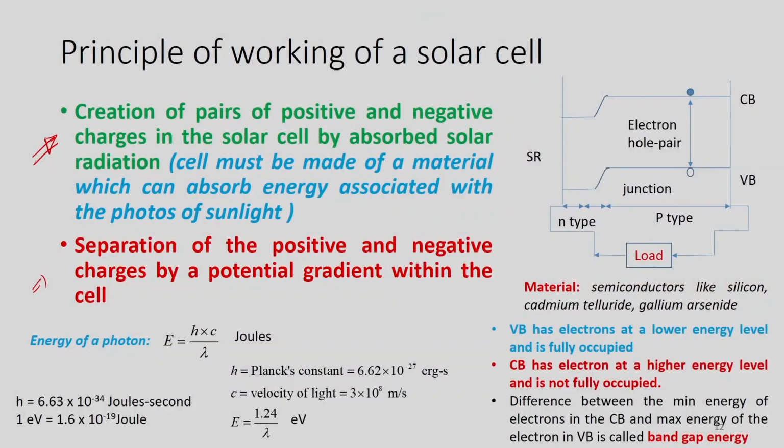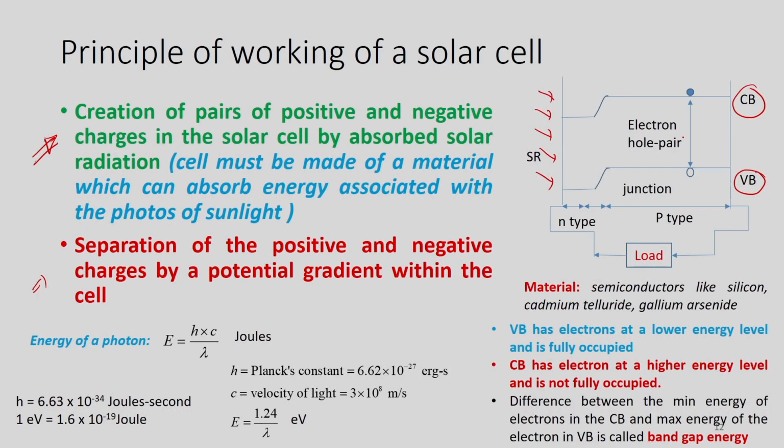Now, let us see this figure. Here we will have two bands. This is VB, meaning valence band, and CB is the conduction band. Okay. So, an electron will occupy either of the bands.